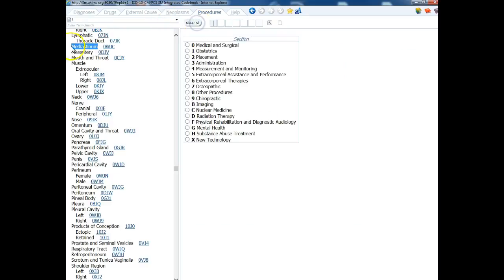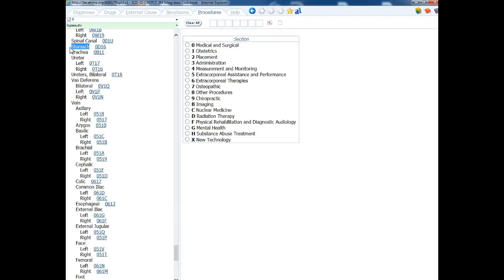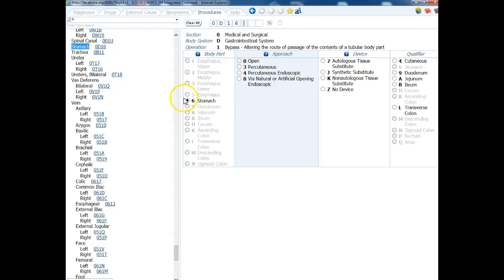So for this one, I'm going to come over here and put in bypass. That's my root operation. I'm going to put in bypass, and I'm going to put stomach. And that will send me to table 0D16. So I'm in medical, surgical, gastrointestinal, and then my root operation is bypass. So I am going from my stomach, and this is an open procedure.